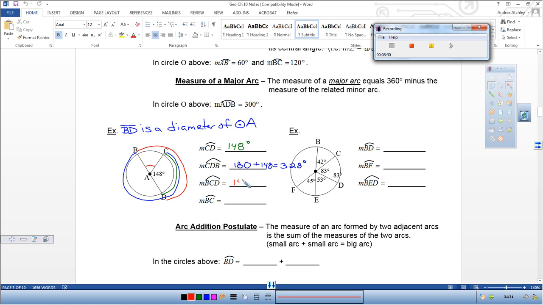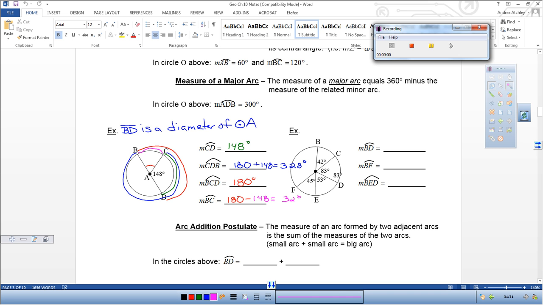So you just do 180 degrees with the semicircle. But what you just said will give me BC, this right here. So I need to take 180 and then subtract the 148 to get 32 degrees, the measure of arc BC. Any questions over that?